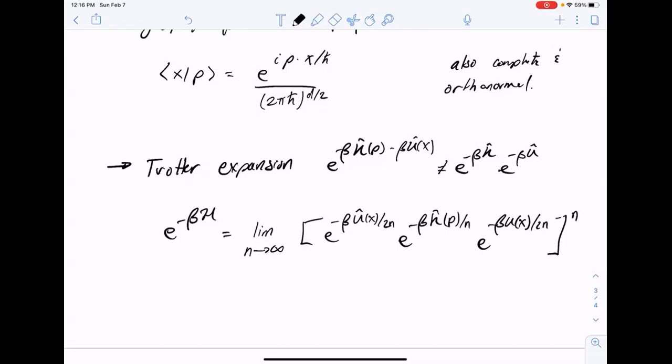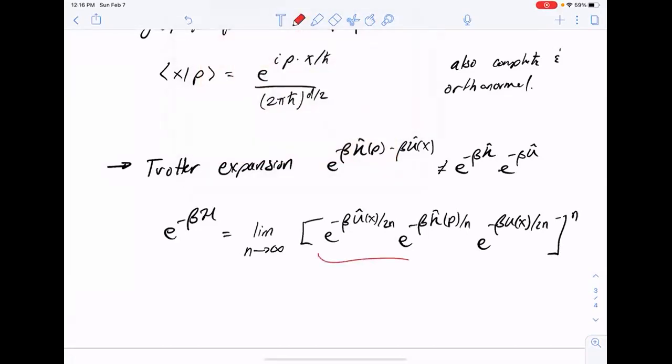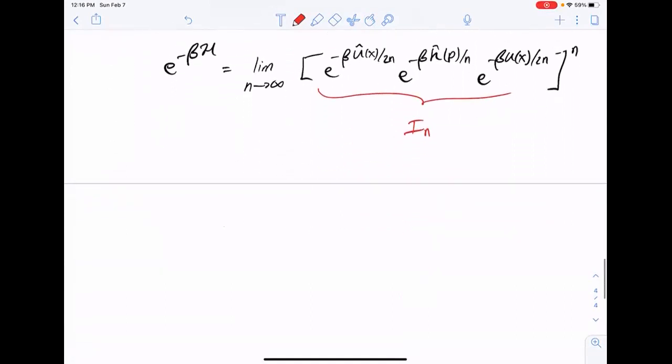This Trotter expansion is exact in the limit that the number of slices is infinite. That looks like I've made my life a lot harder, but let's define this little thing as I sub n, and let's try to manipulate I sub n.